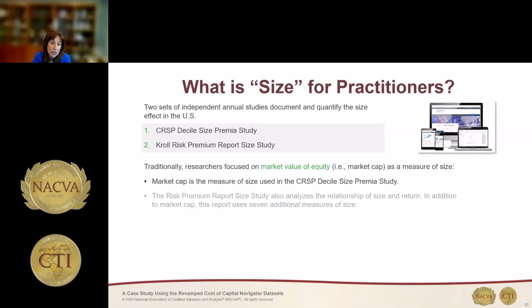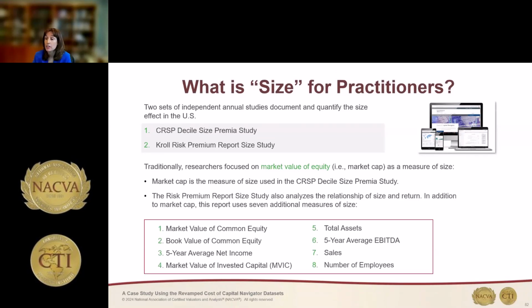But there is advantage of looking at other size measures, and some of them are better than others, but a lot of times you want to look at things like sales and total assets. Those are two examples that have better statistical significance as a measure of size if you don't have a market cap, which here is labeled as market value of common equity. So it's always a good idea to look at more than one dimension.